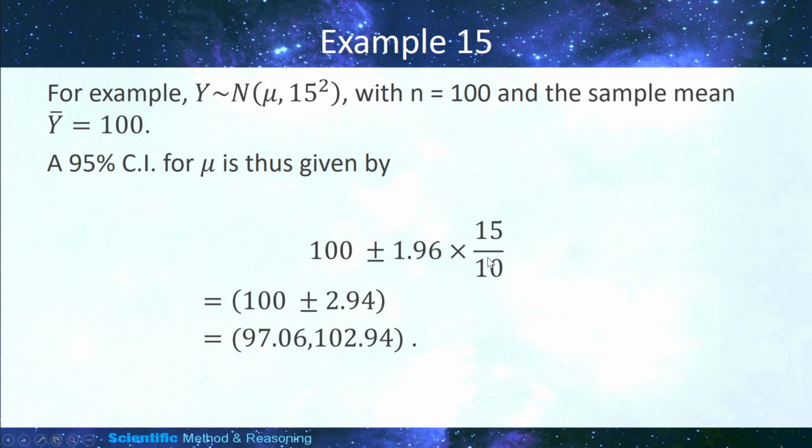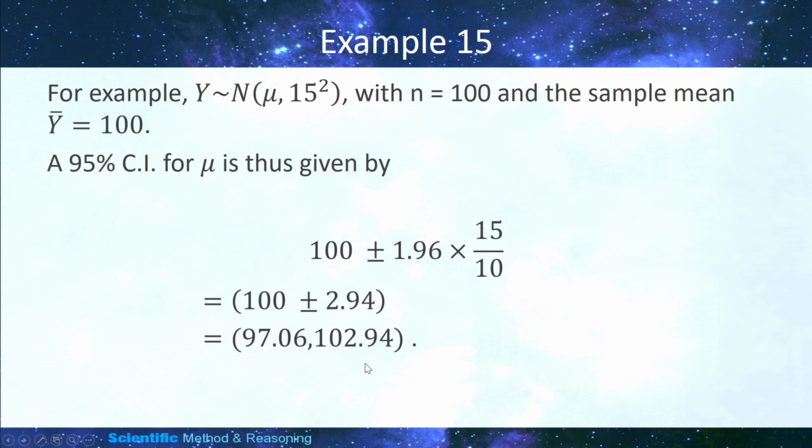Root n is 10, sigma is 15, and the variance is 15 squared. The standard deviation is 15. So we have 100 plus or minus 2.94, giving a confidence interval for mu of 97.06 to 102.94.